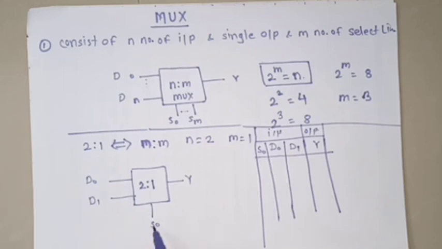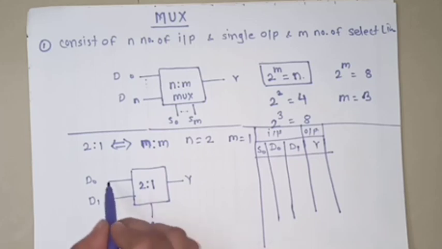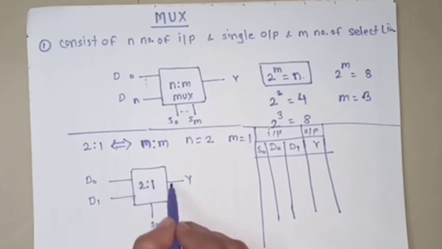What is actually the use of this select line? This select line will connect any one of these two inputs to the output line. Suppose, for example, I consider the first case. It is a single bit line, so the value is either 0 or 1.